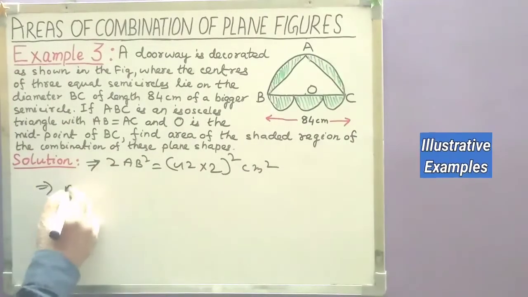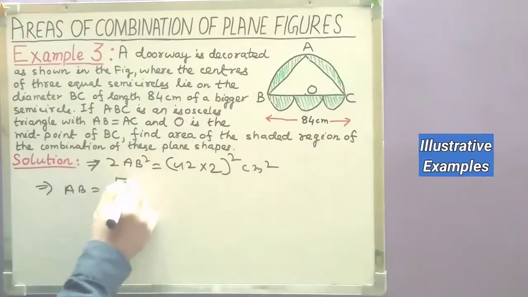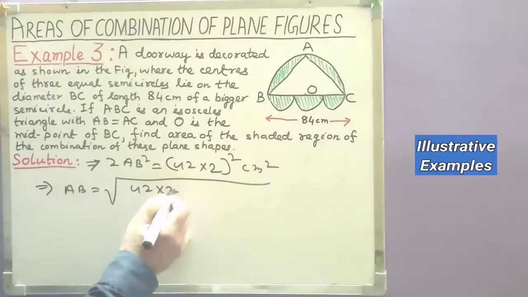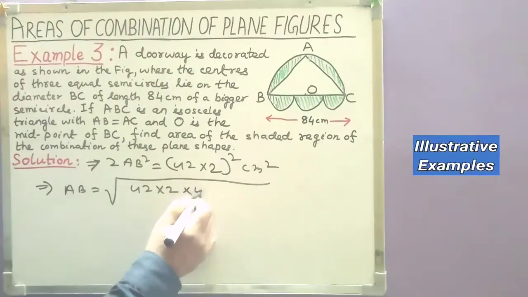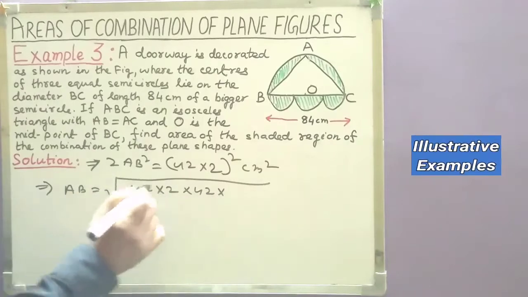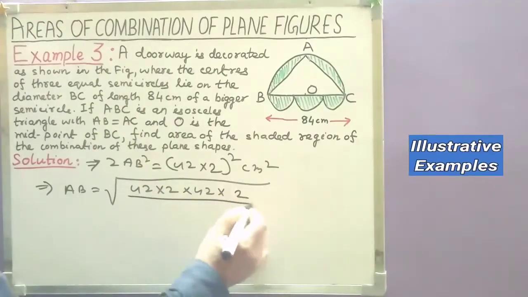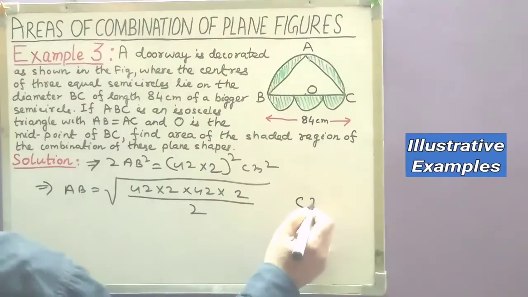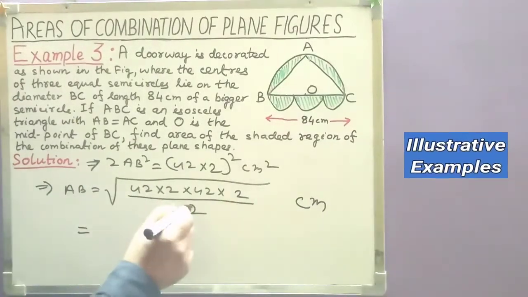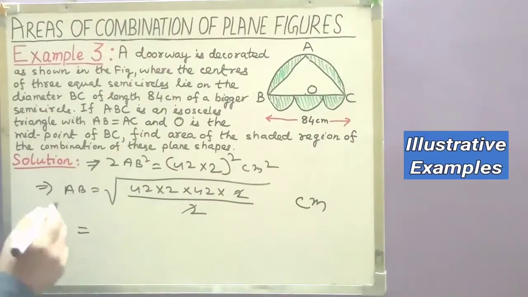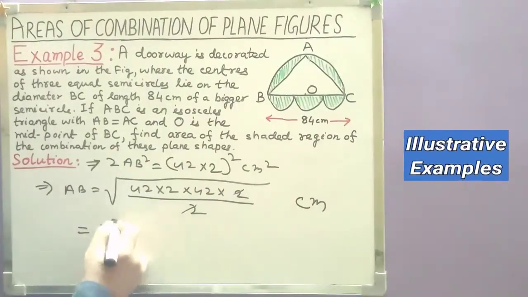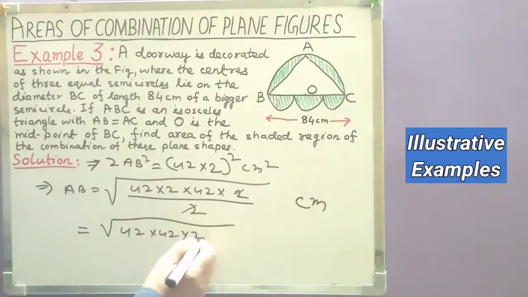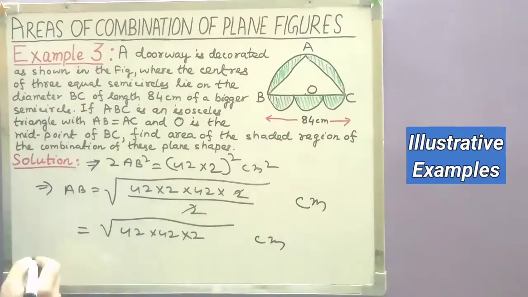That implies that AB equal to whole square root of 42 into 2 into 42 into 2 upon 2 centimeter, that equal to square root of 42 into 42 into 2 centimeter.